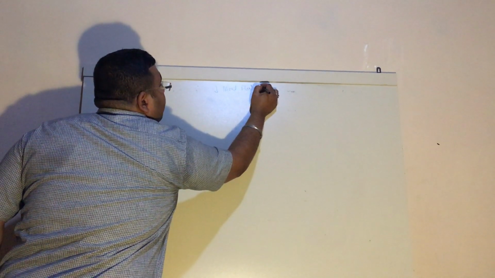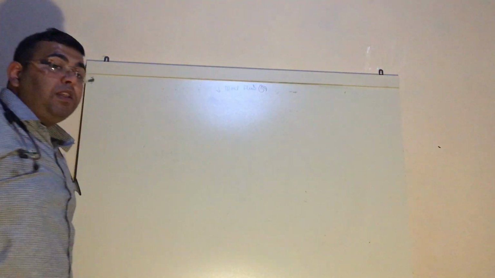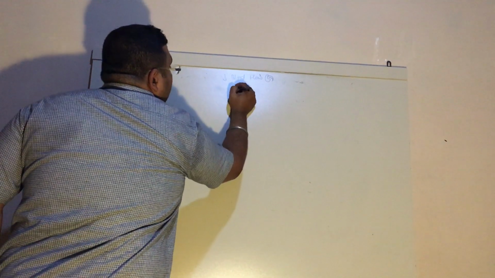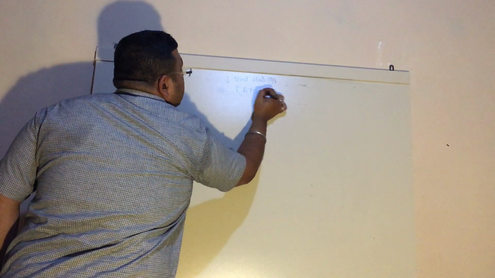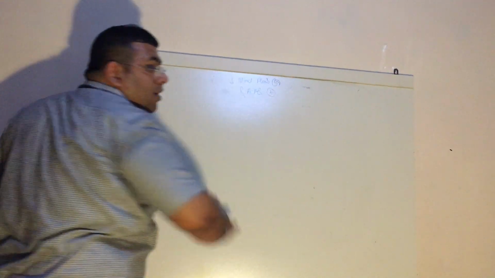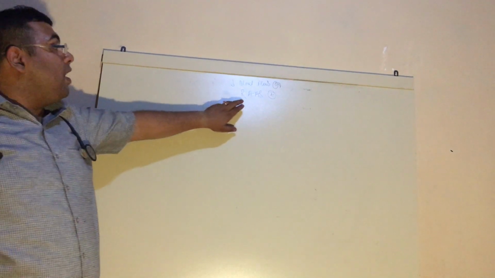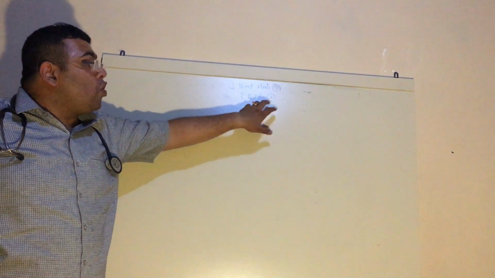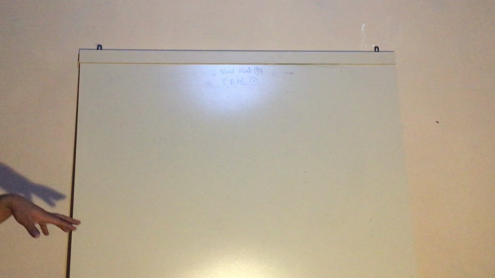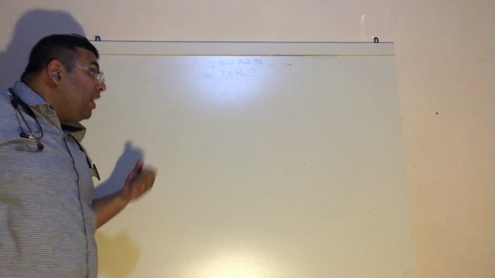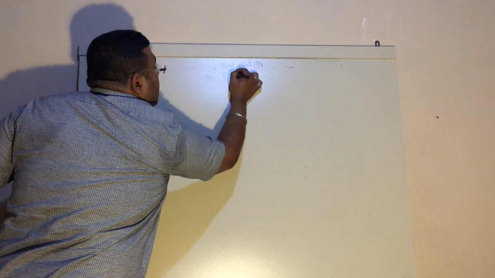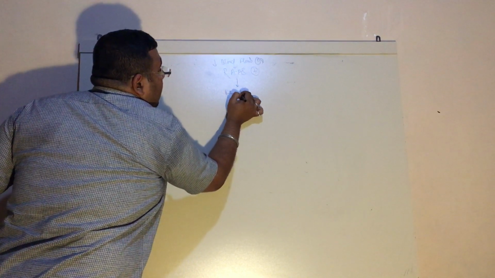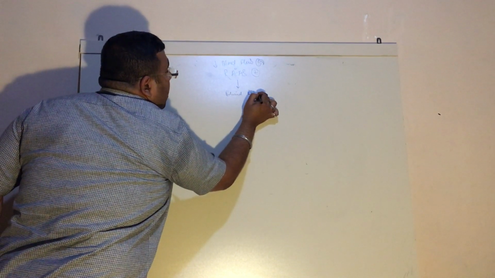And when there is a hypoperfusion of our kidneys, when the blood flow to the kidney decreases, what happens? You all know that this is very common. RAS system is activated, right? Renin, angiotensin, aldosterone system is basically activated.